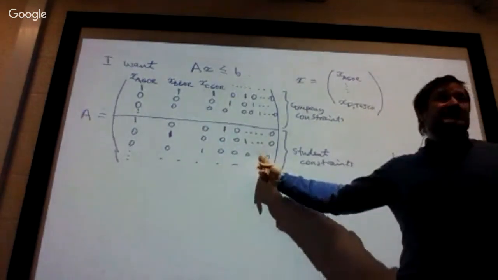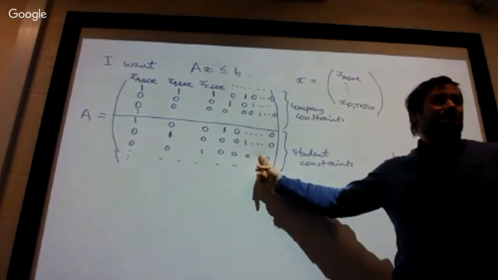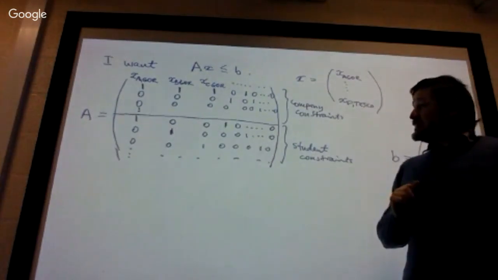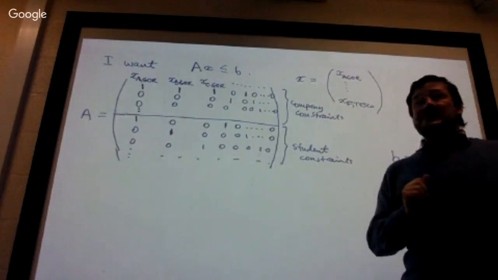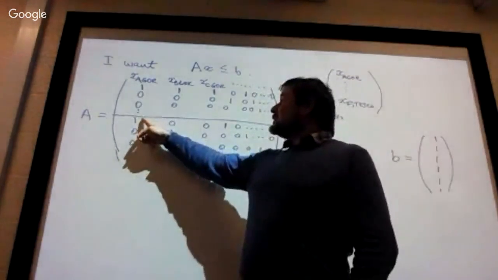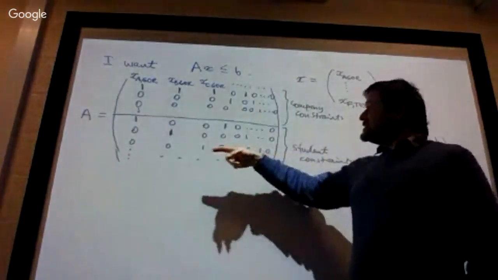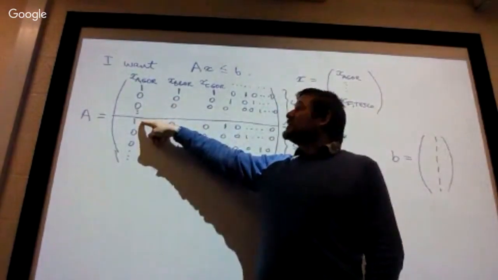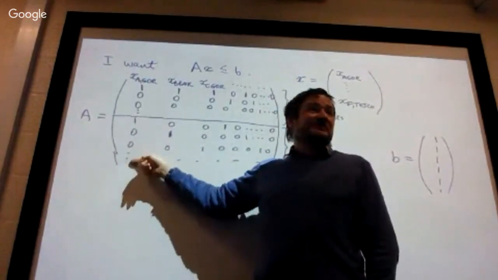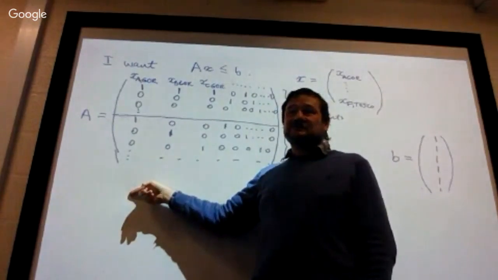Is it only zeros, ones, and minus ones? How many non-zero entries are there in every column? When you have a constraint corresponding to student A, you get a 1, and for all the other student constraints, you get a 0.